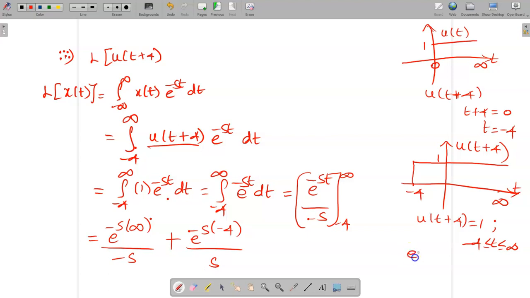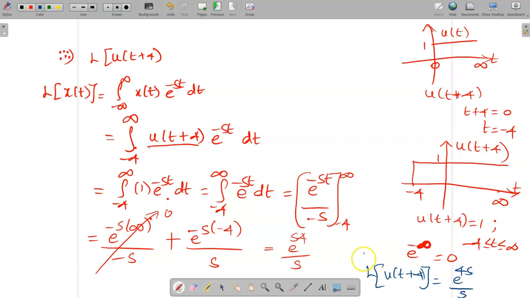So again we know that e power minus infinity is equal to 0. So this term becomes 0. Only the second term exists. It is given by e power 4s divided by s. So I can write that Laplace of u of t plus 4 is nothing but e power 4s divided by s.